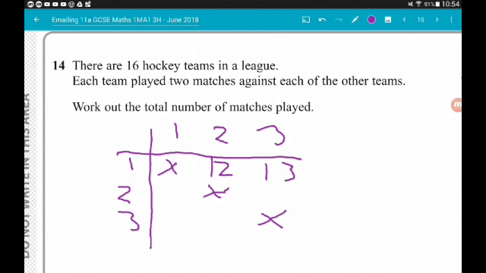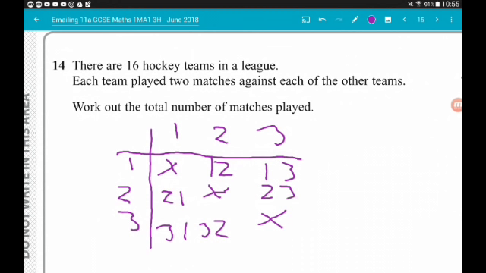Then going down the first column, we can say here 2 is playing 1 and 3 is playing 1. So we can see using a table like this, we've laid it out so that we get the 2 matches between the 2 different teams. So we got then 3 versus 2 there. Here we got 2 versus 3.